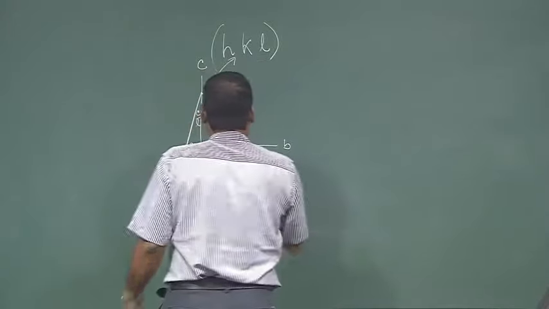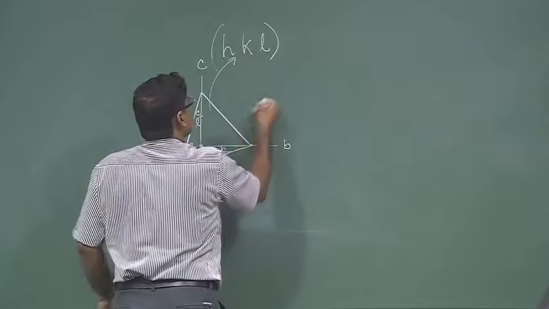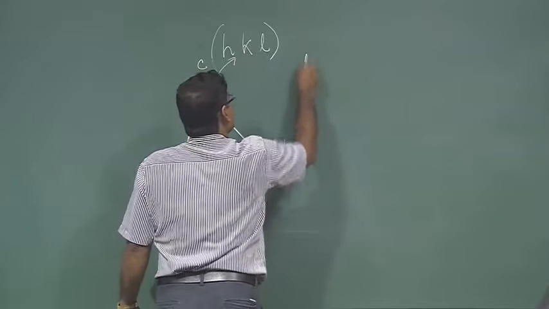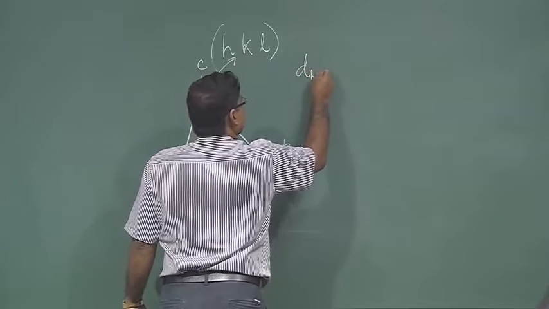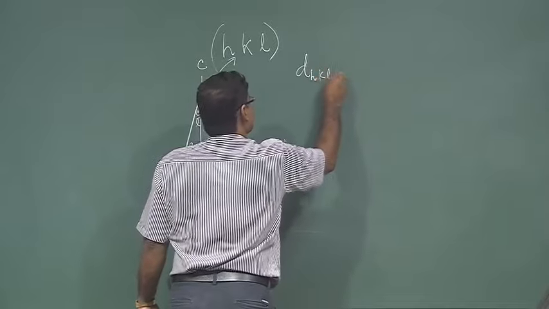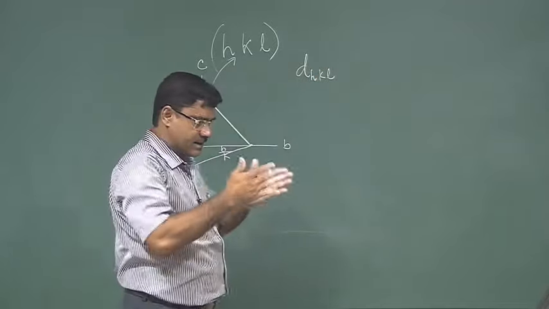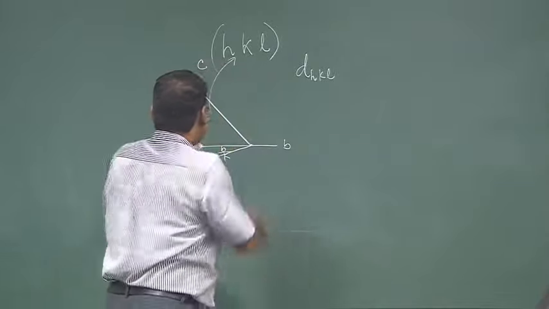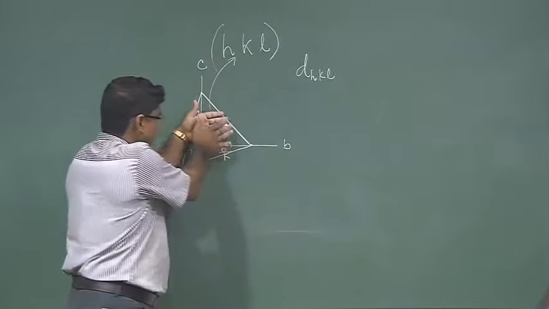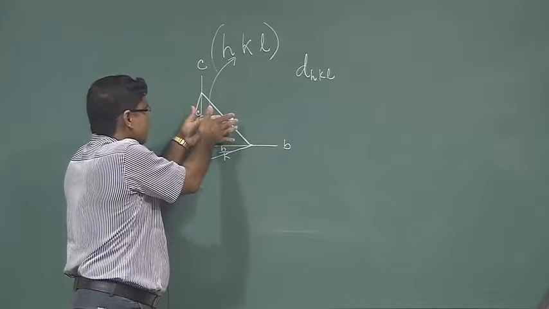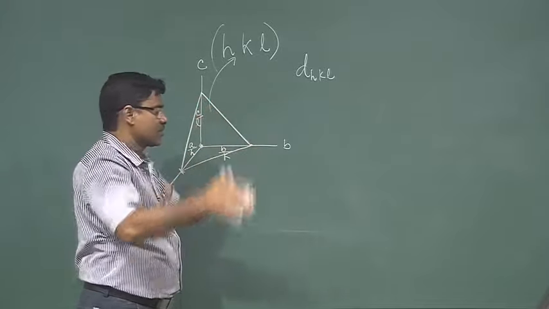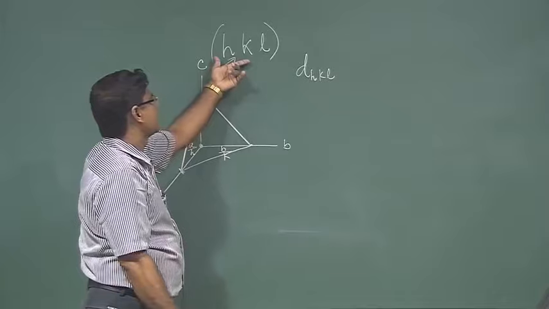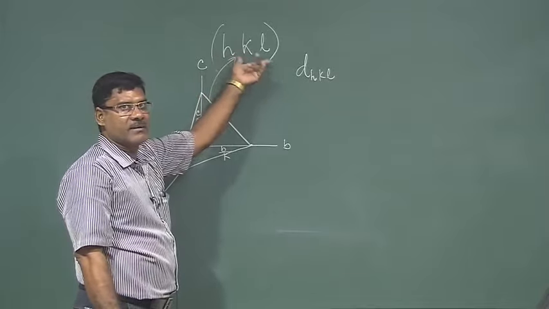This interplanar distance for the HKL plane we represent by D HKL, right. So this D HKL is the interplanar distance. Okay. So a set of parallel planes, which is basically the HKL plane.